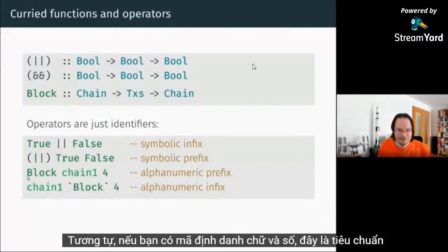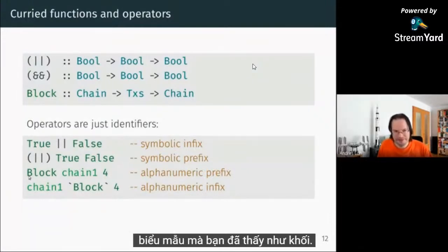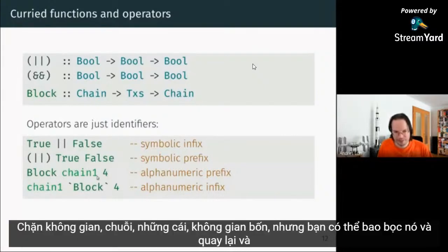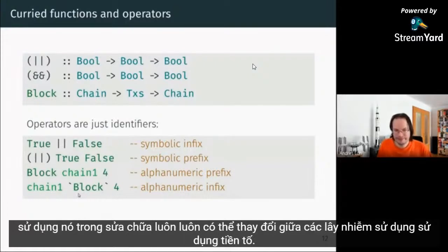Similarly, if you have an alphanumeric identifier, which is the standard form we've seen, like Block, then by default it is written prefix. And if you apply Block to its 2 arguments, you write Block, space, Chain1, space, 4. But you can enclose it in back quotes and use it infix. So you can always shift around between infix use and prefix use.